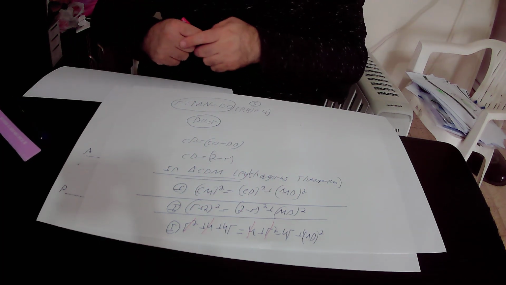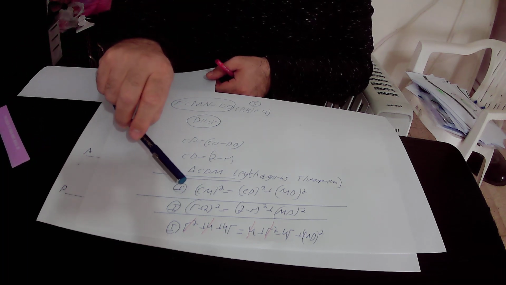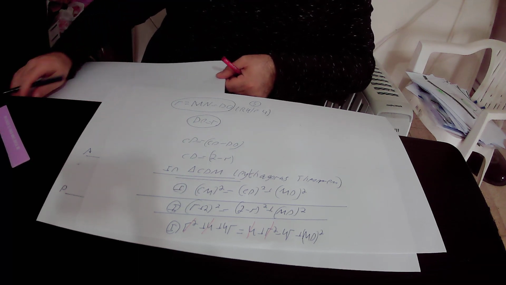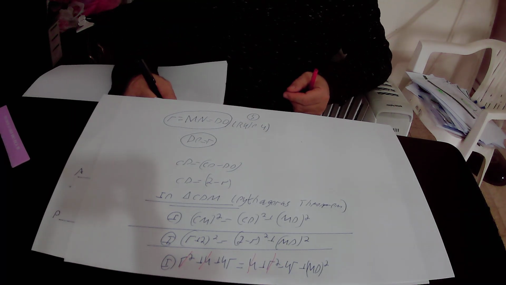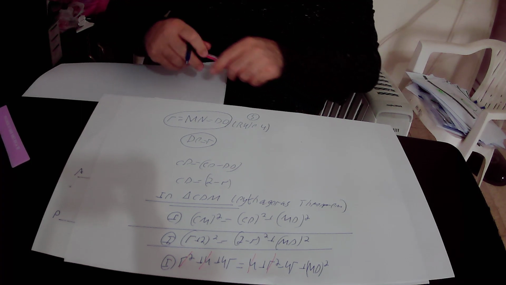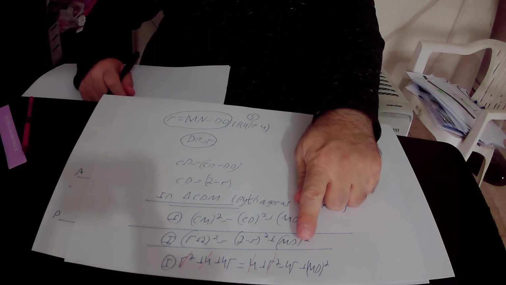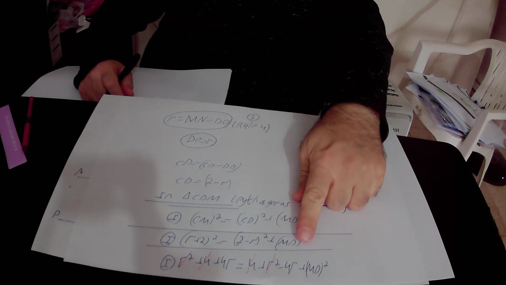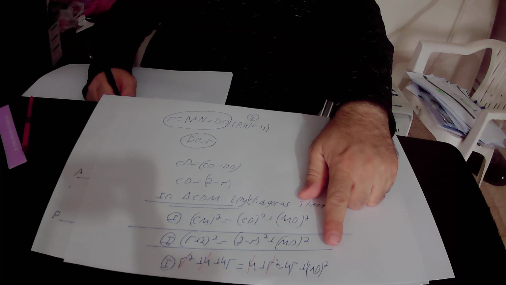On this side of equation number 1, we have only 4R, and on the other side of equation number 1 we have minus 4R plus MD squared.